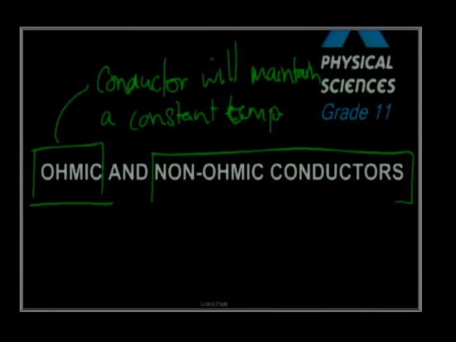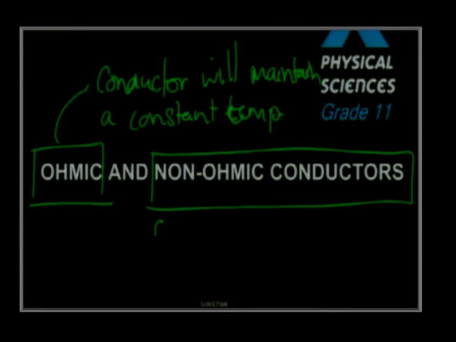If I look at a non-ohmic conductor, these ones change slightly, and they have to go through an increase in temperature over a very short period of time. An example over here would be the filament in a light bulb.